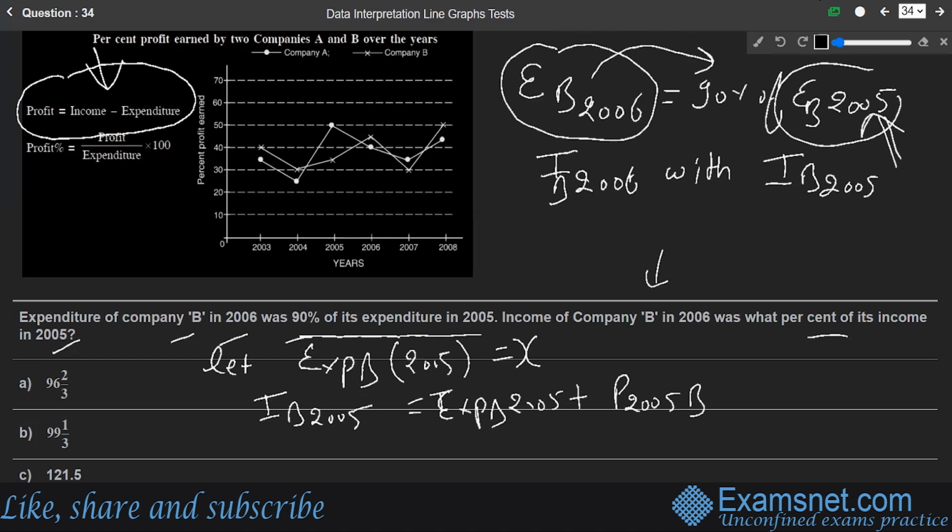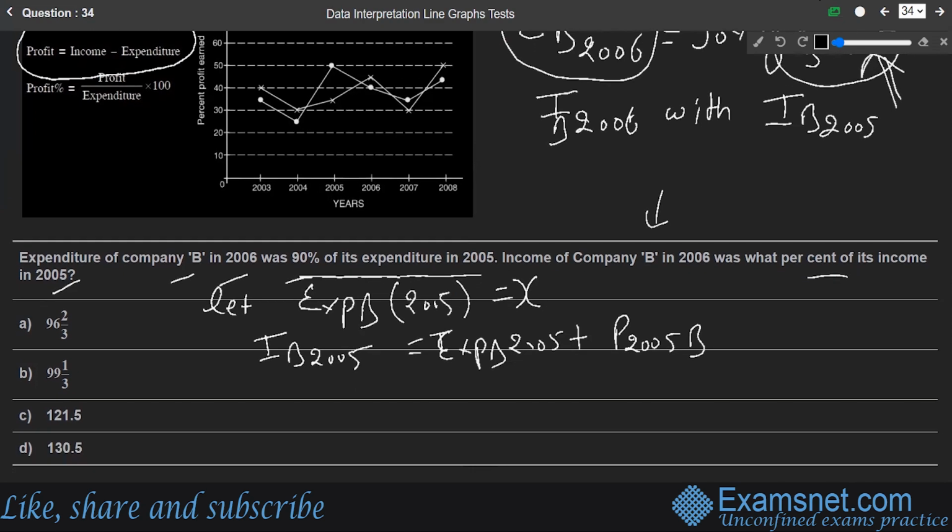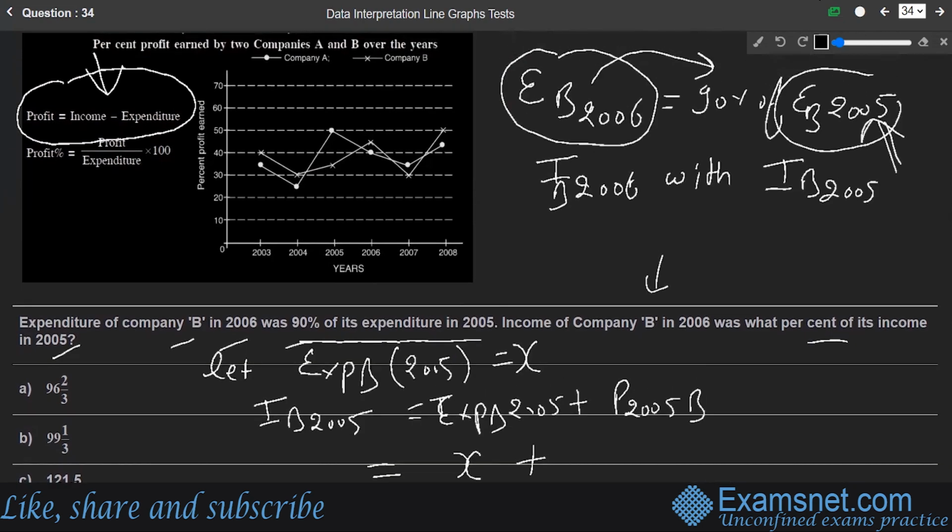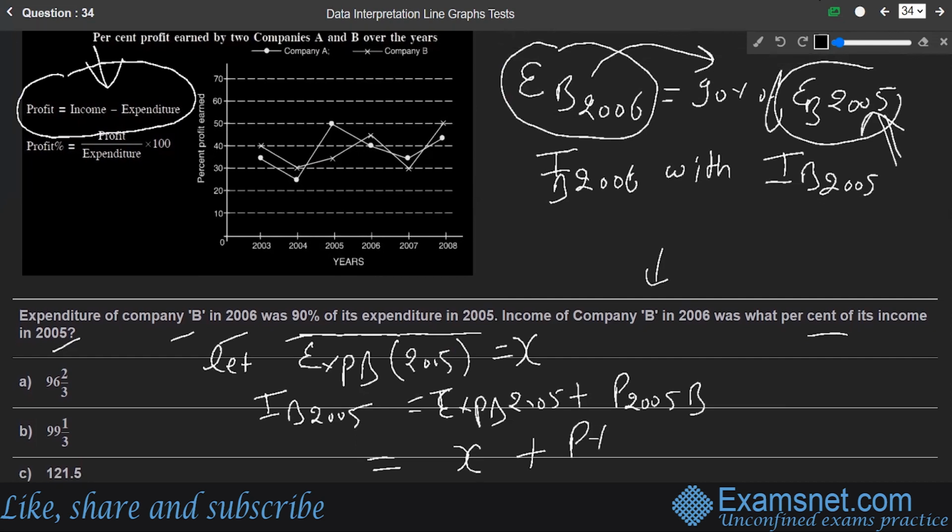So we'll have to find the expenditure of B in 2005, which we have already assumed to be X, plus profit of B in 2005. Profit can be calculated from the profit percent of B in 2005, as profit percent of expenditure. Why are we doing that? Because if you see this formula, profit is nothing but P percent of expenditure. So profit in 2005 by B is profit percent of expenditure of B in 2005.